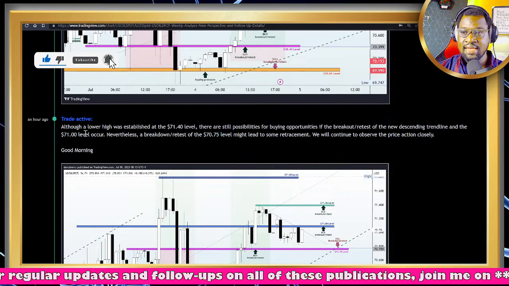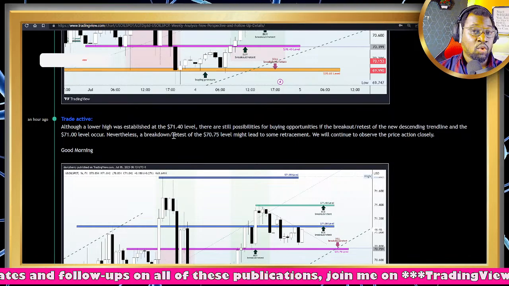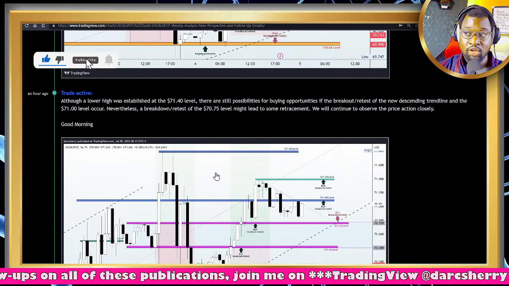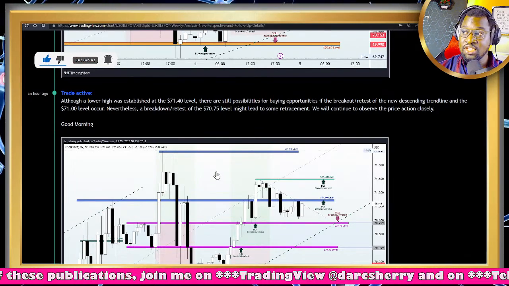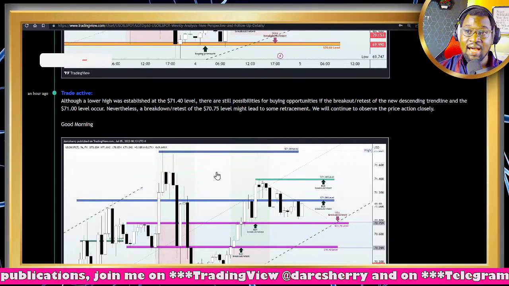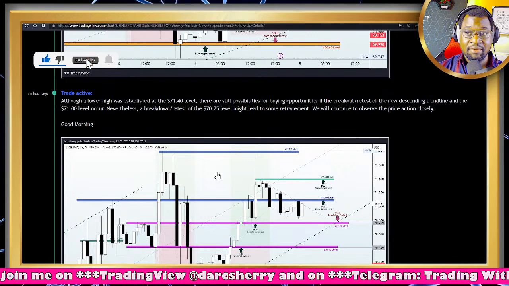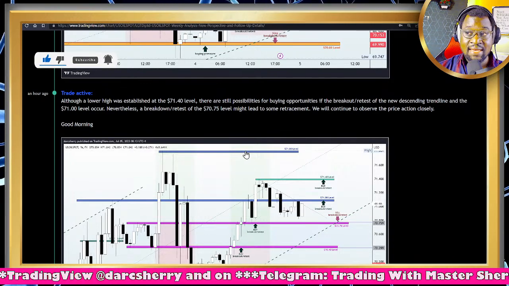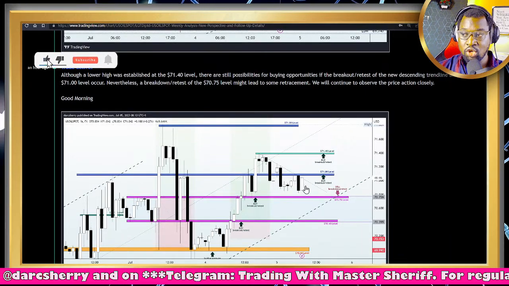This morning I said that although a lower high was established at the $71.40 level, there are still possibilities for buying opportunities if the breakout, retest of the new descending trend line and the $71 level occurs. Nevertheless, a breakdown retest of the $70.75 level might lead to some retracement. We will continue to observe the price action closely.